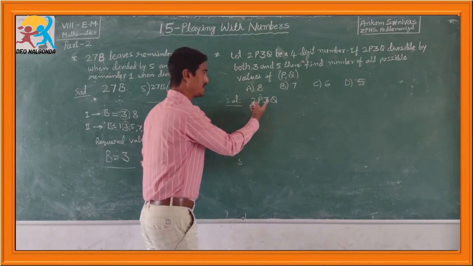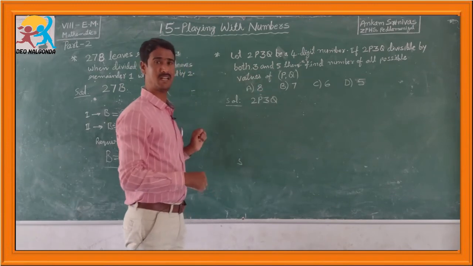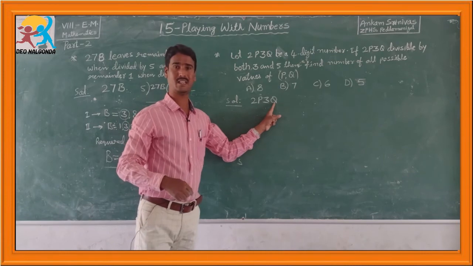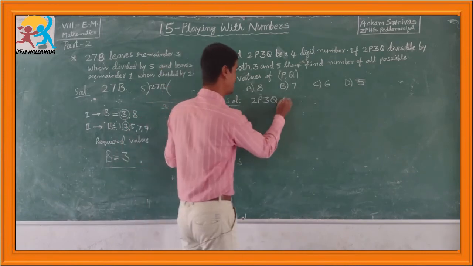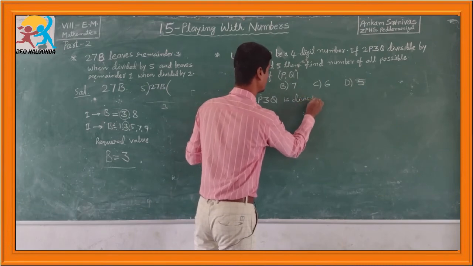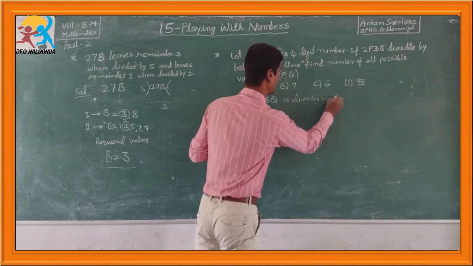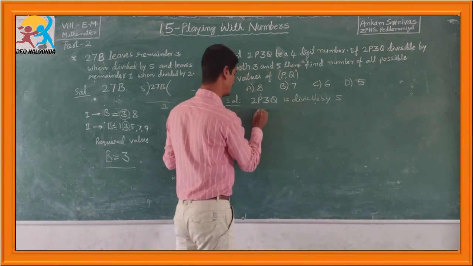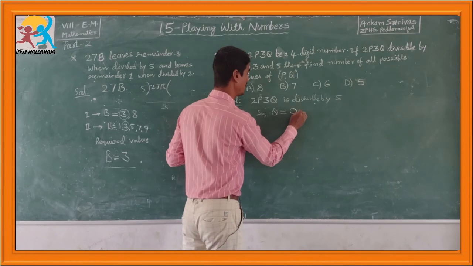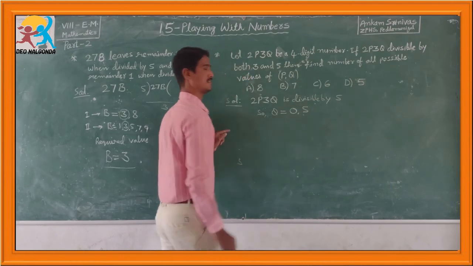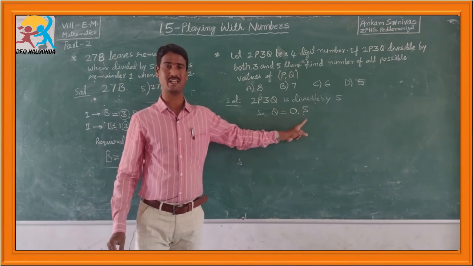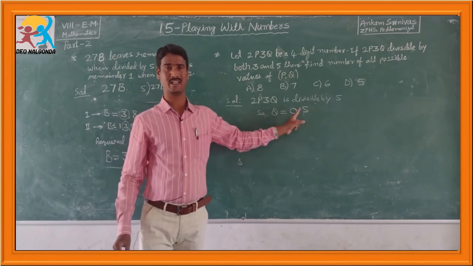If a number is divisible by 5, then q must be 0 or 5. Maybe we get 0, maybe we get 5. If we get 0 or 5, it is divisible by 5.